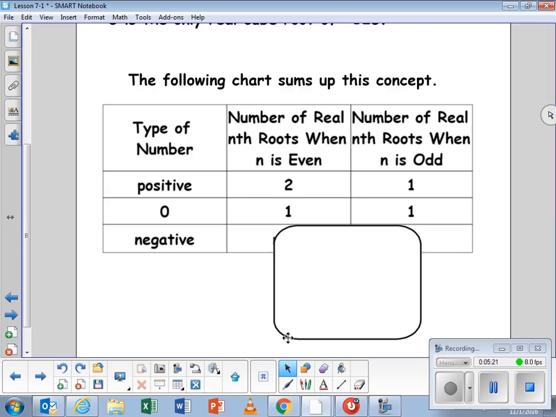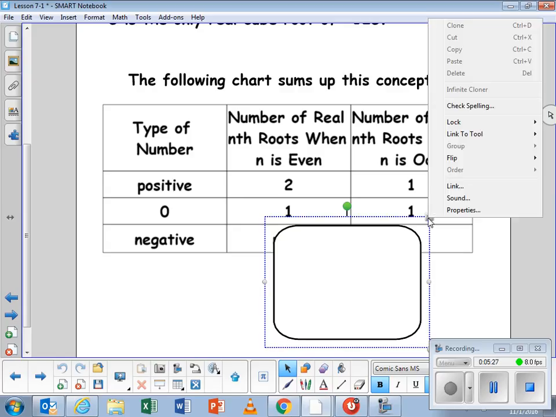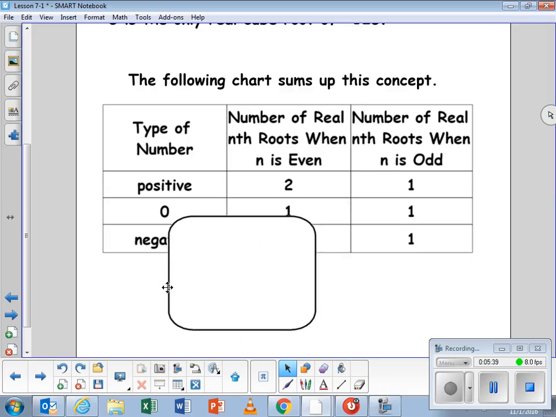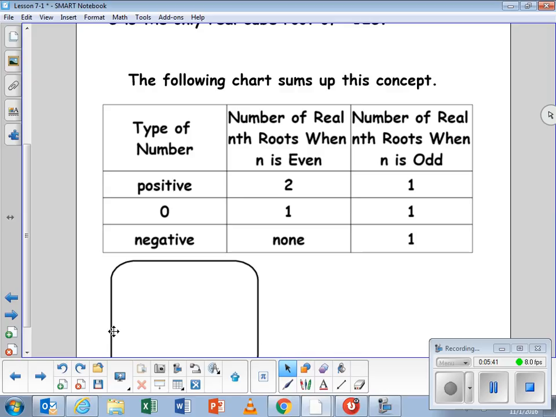And if it was odd? 1. Now there we go. So we get none or 0, and 1. So make sure you have that information.